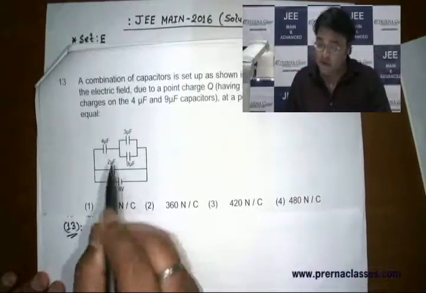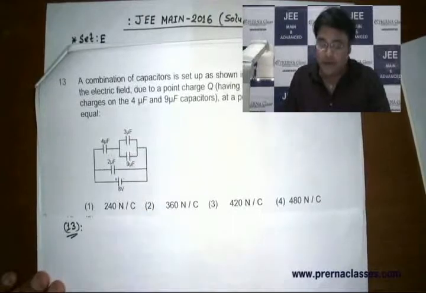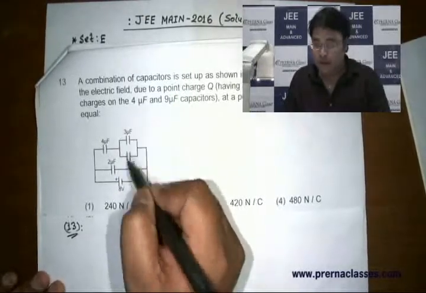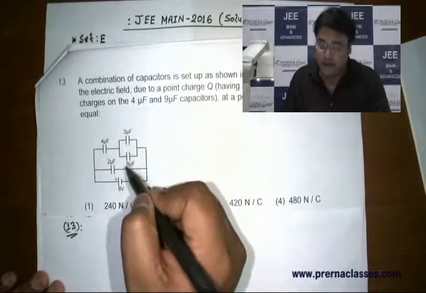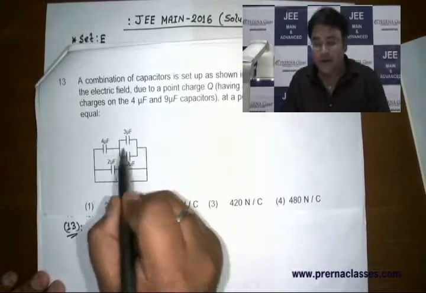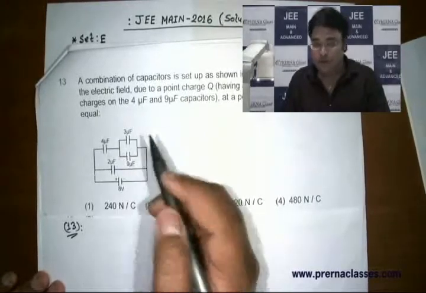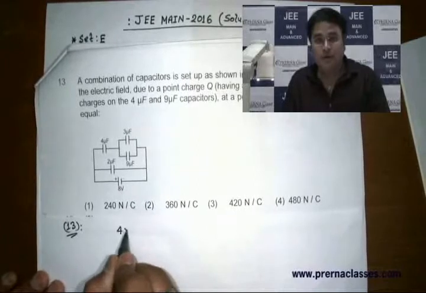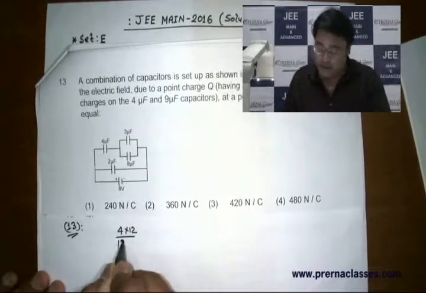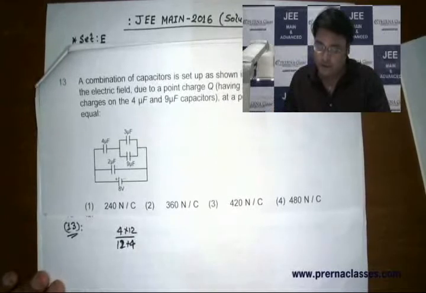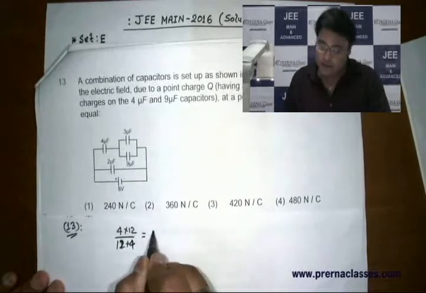Next is 13th setup. In 13th setup, it is based on the capacitor as well as the electric field. Okay, here 8 volt battery and 4 capacitors arranged in this way. Clearly 3 and 9 both in parallel. So what will be the equivalent of 3 and 9? So it is 12. 12 and 4 in series. So equivalent of 12 and 4 in series combination is 4 into 12 by 4 plus 12.